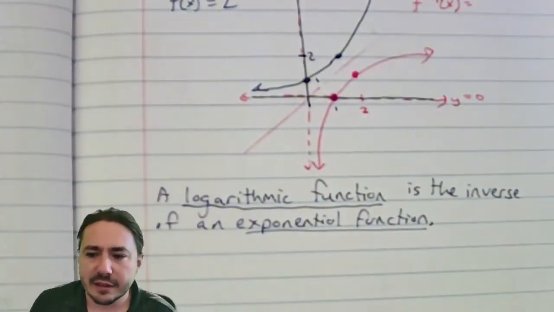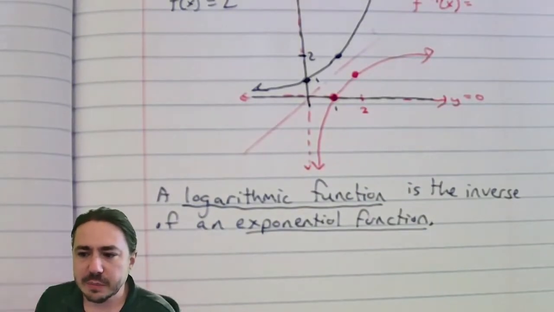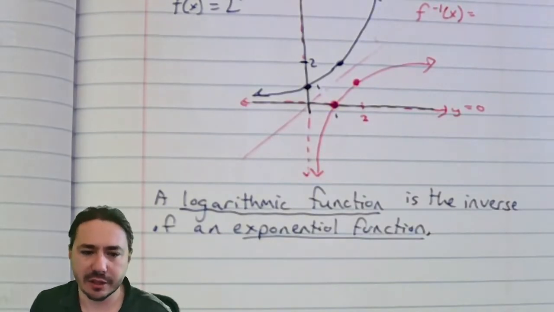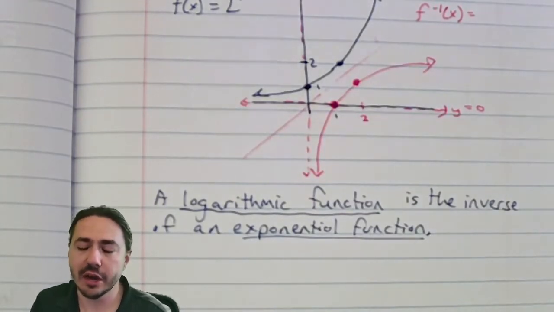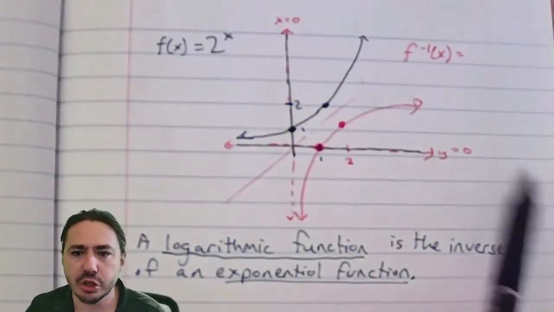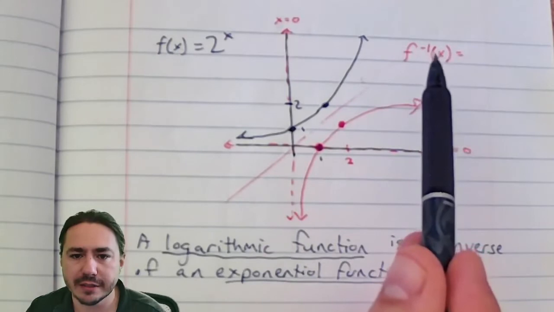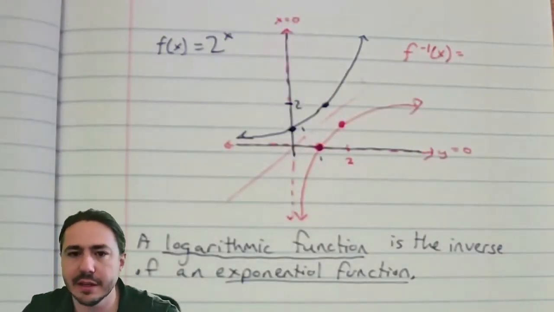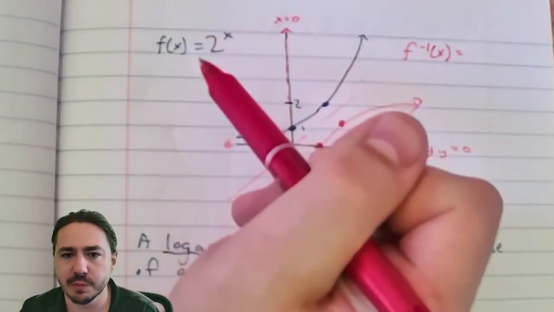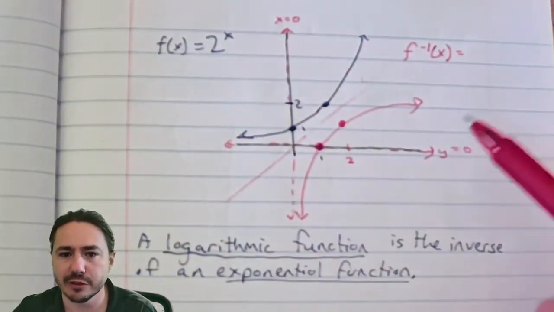Now, since logarithms are defined using exponents, each logarithmic expression is going to have an equivalent exponential form, and vice versa. I haven't really shown you how to properly write this yet, but I guess now's as good a time as any. The way to write this inverse of the exponential function, called a logarithmic function, looks like this.